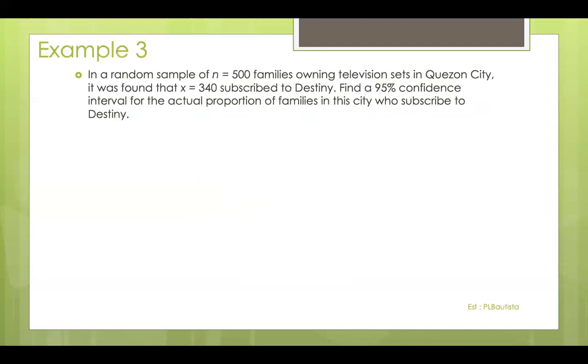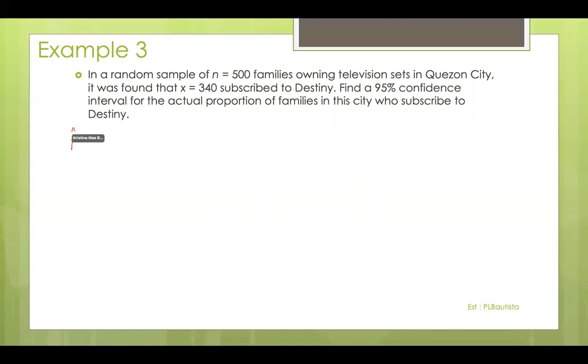Let's try to illustrate with an example. In a random sample of 500 families owning television sets in Quezon City, it was found that 340 subscribed to Destiny. Find a 95% confidence interval for the actual proportion of families in the city who subscribe to Destiny. First of all, we are already given a sample size of 500 and 340 successes.